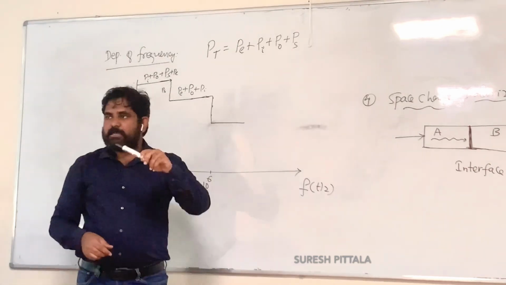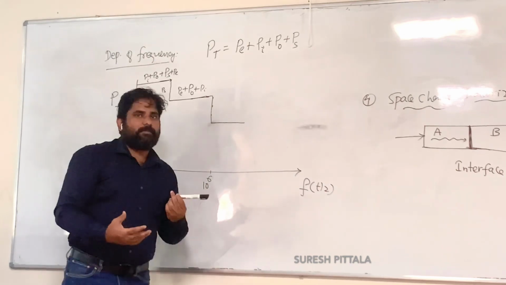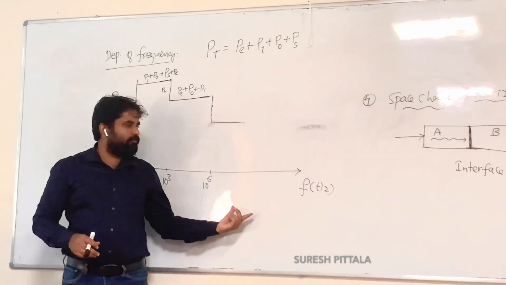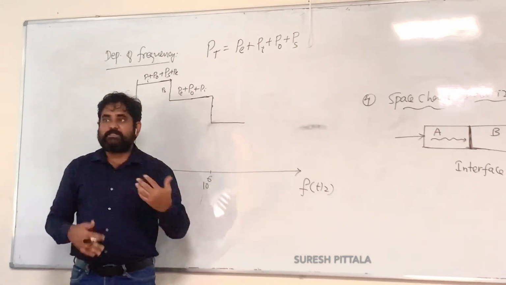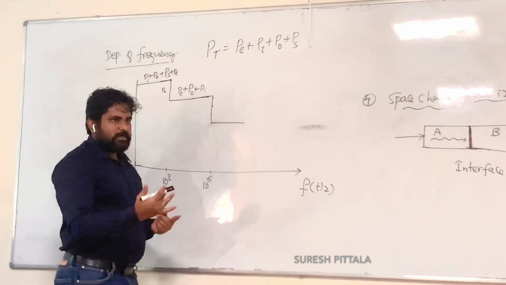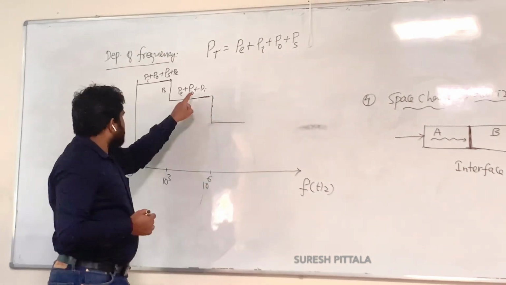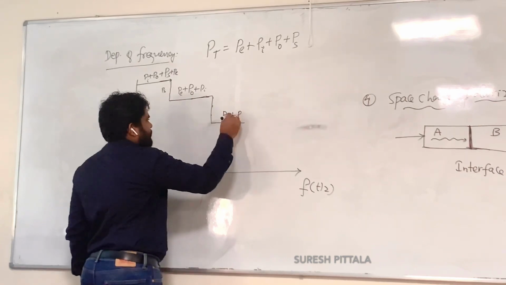It is difficult for the dipole to do that. If you give enough time, or a lower frequency, it can do it. If you ask the dipole to quickly switch its direction, it is tough. It cannot do it. So above a certain range, 10 power 6, you will not have PO. PO will be dropped. So you will have PA plus PE only.